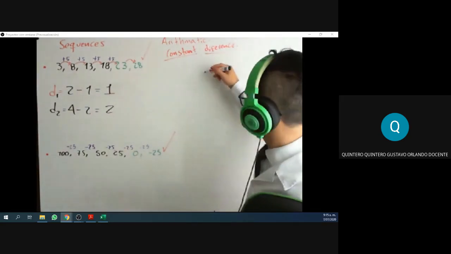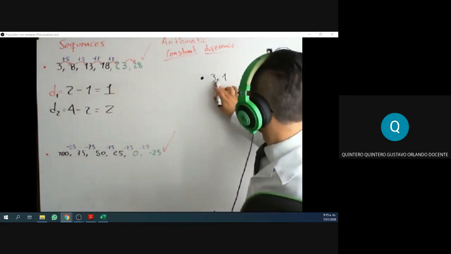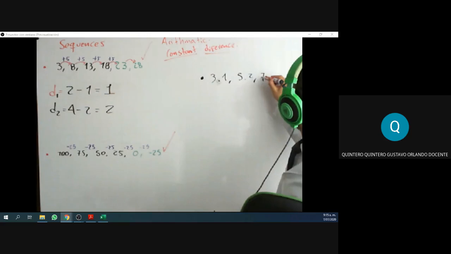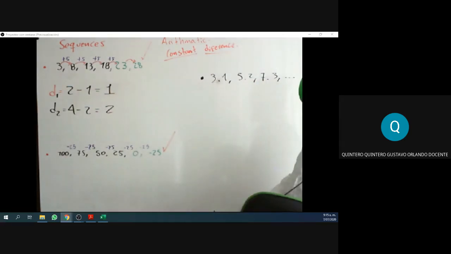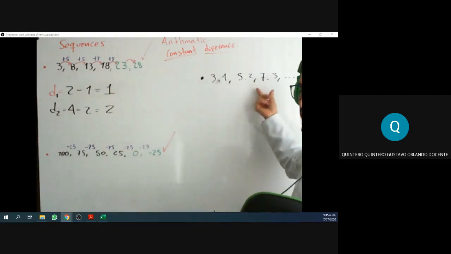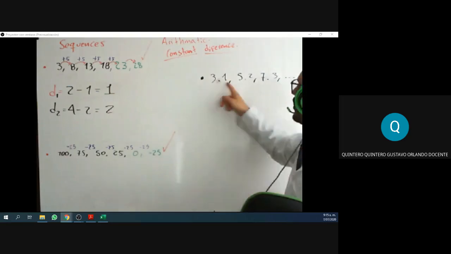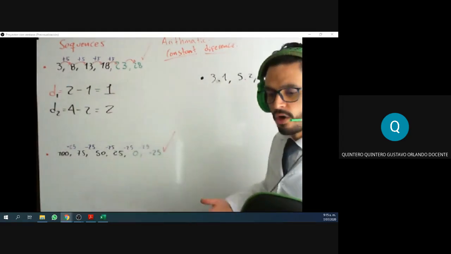Let me just write it down: 3.1, 5.2, 7.3, and so on, right? That could also be a sequence. The sequence contains decimal numbers, and all we have to do to analyze if this is arithmetic or not is the same process. Subtract to find the difference and find if the difference is constant or not.